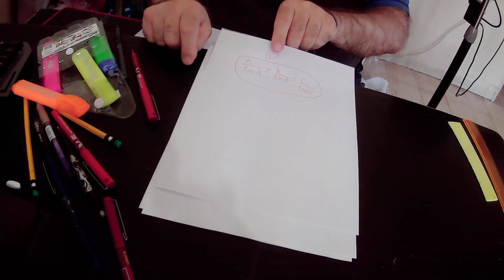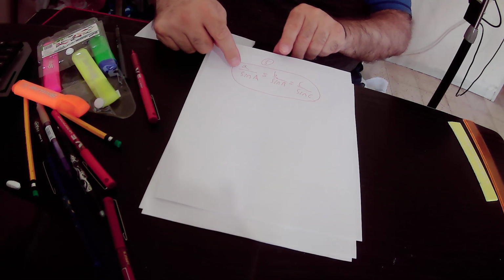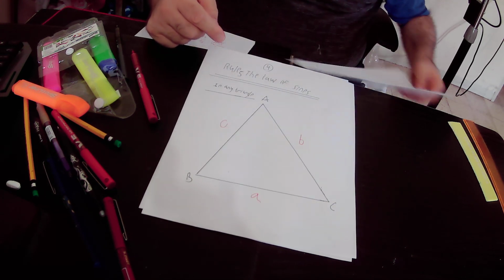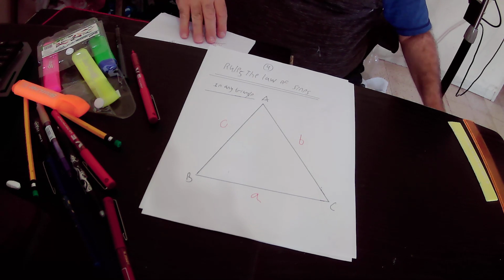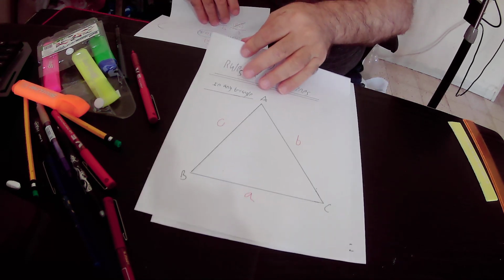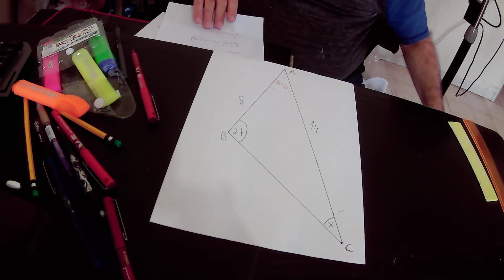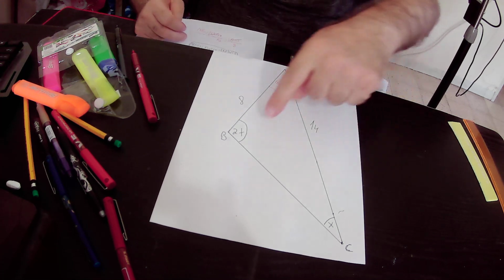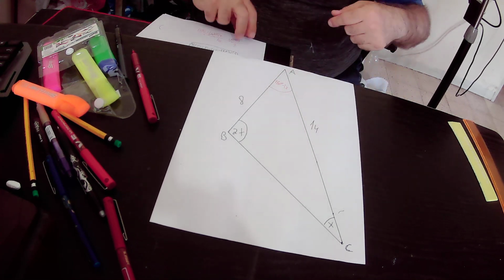Again, the law of sines says that A over sine A equals B over sine B equals C over sine C. We can implement the law of sines in our triangle ABC: AB over sine x equals AC over sine 2x.